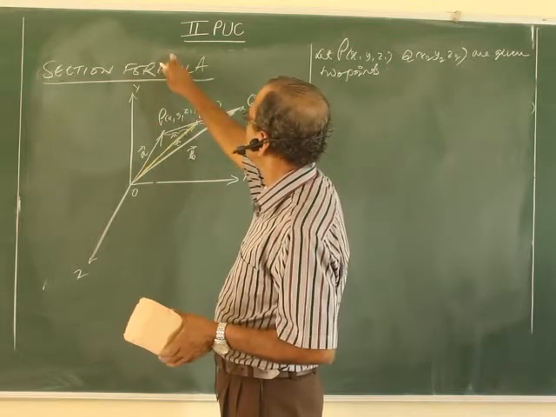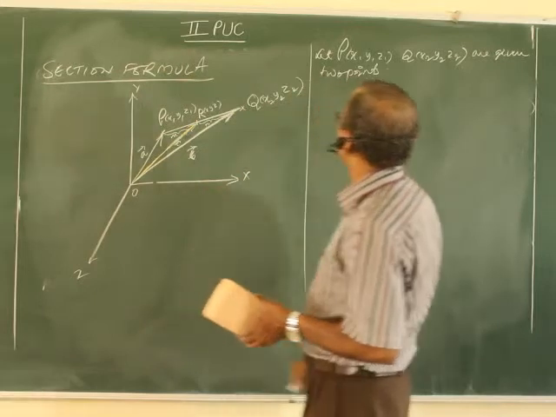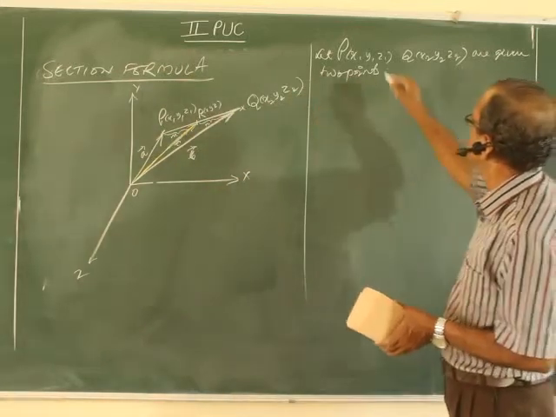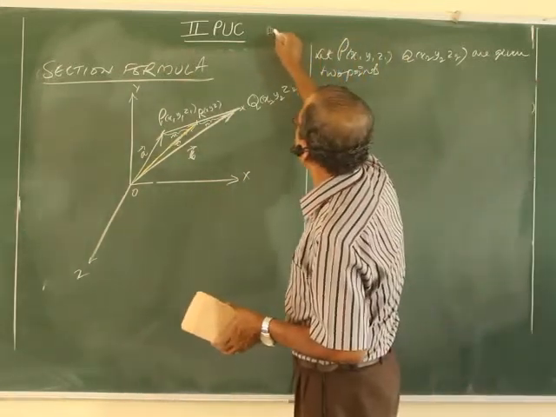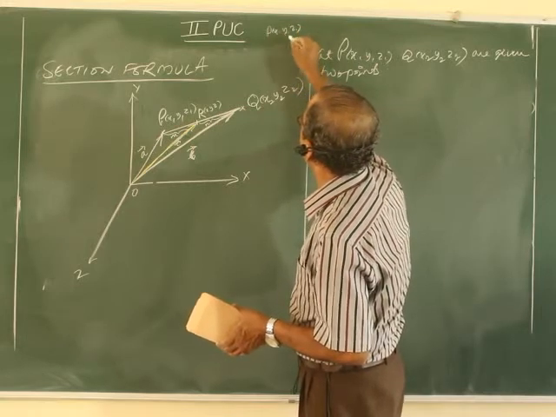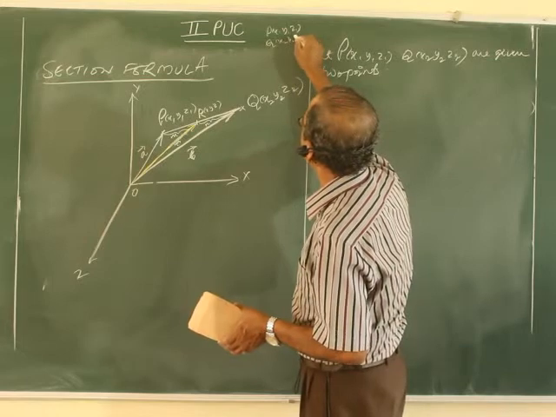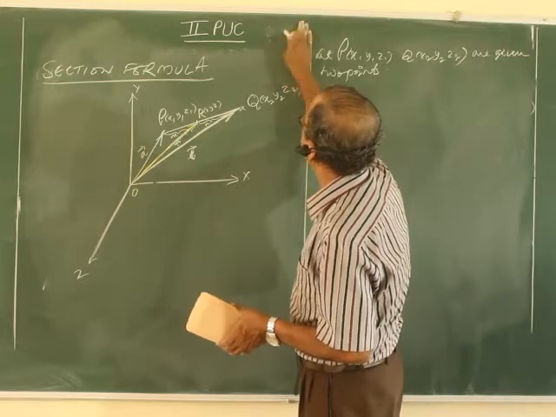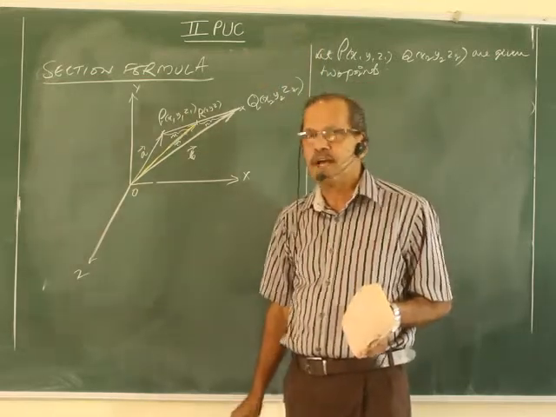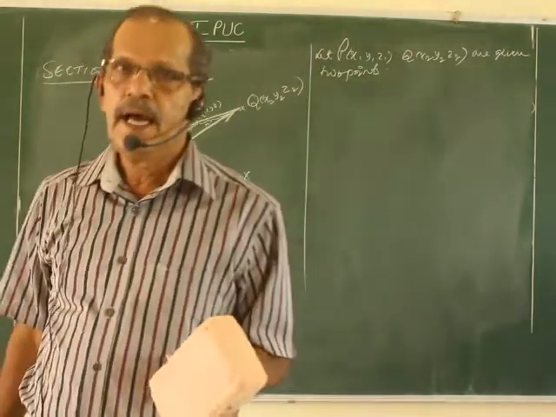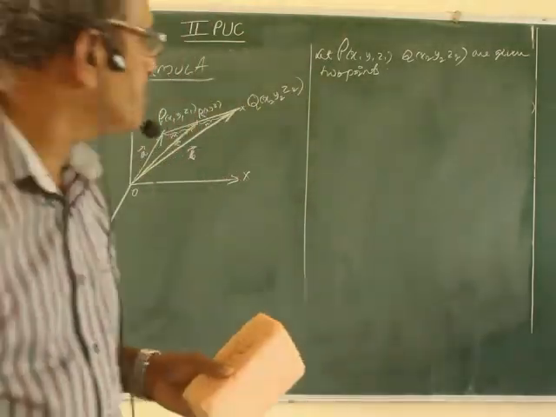I have given only 2 coordinates, no? Because we have taken the points in 3 dimensions, just make it x1, y1, z1, x2, y2, z2.